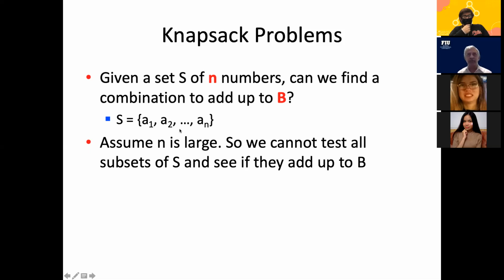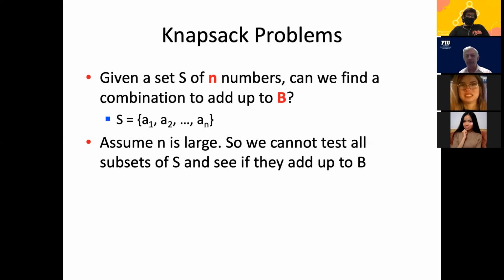Now, if n is a large number, let's say more than 50 items, then we really cannot test all possible subsets of S to see if they add up to B. Because if it adds up to less than B, we are not so happy. If it adds up to more than B, our knapsack is going to fall apart. So it has to add up to exactly B in order for us to go home happy.